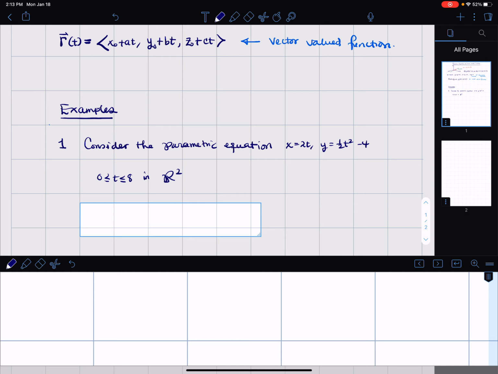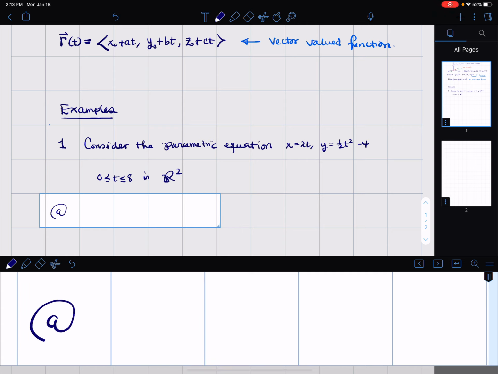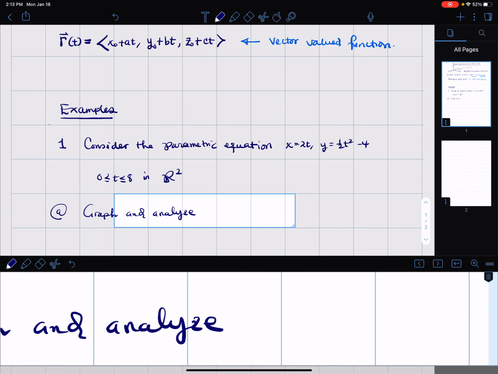All right, so how about we graph and analyze the parametric equation?